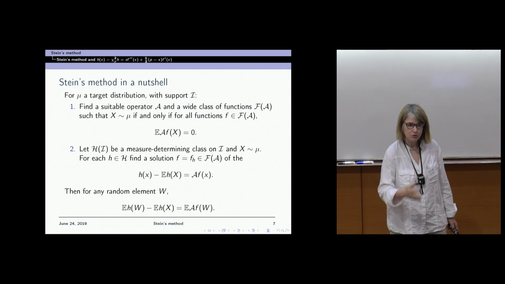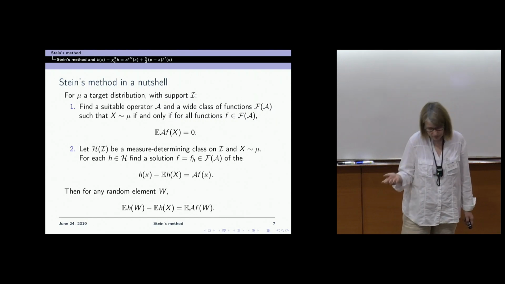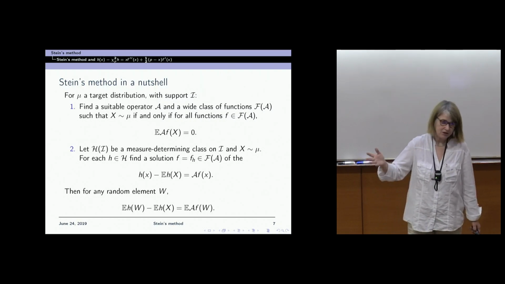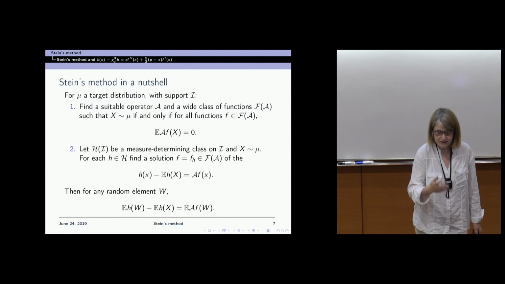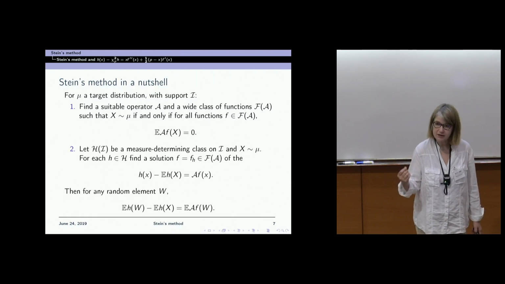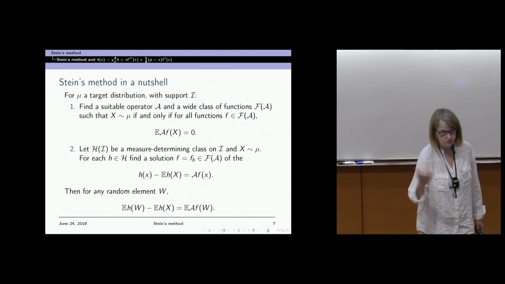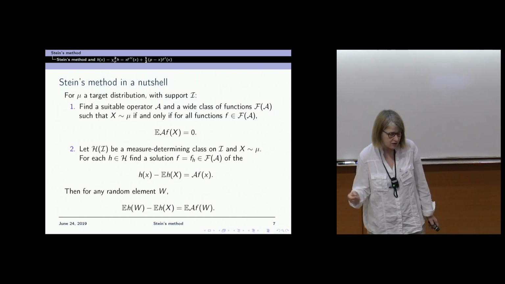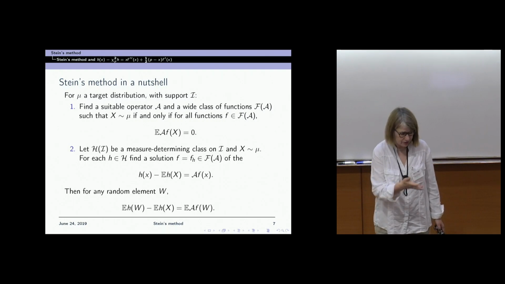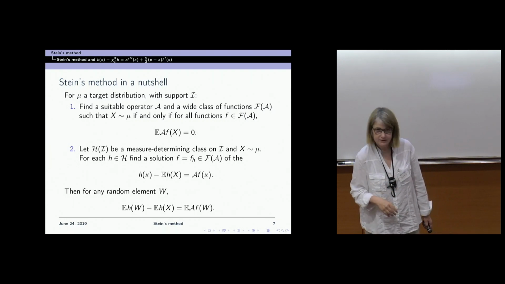So this operator acts on the functions f such that the expectation would be 0 if X has the true distribution mu. And then we set up a Stein equation. We take again a test function h, and we write h of x minus this expectation h of X, capital X, equals A f of x.